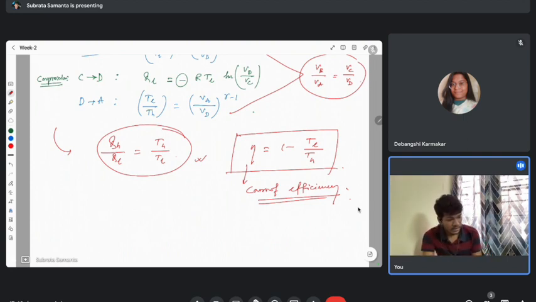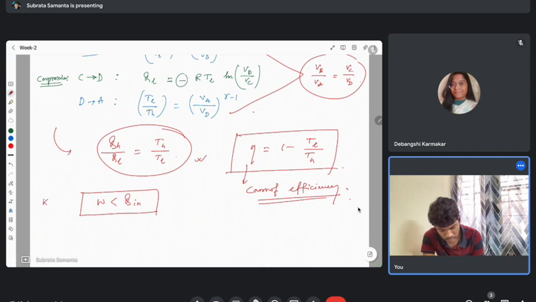That means the work W is always less than or equal to Q in, the Kelvin statement. No process is possible in which heat is completely converted into work, so eta is always less than or equal to 1.